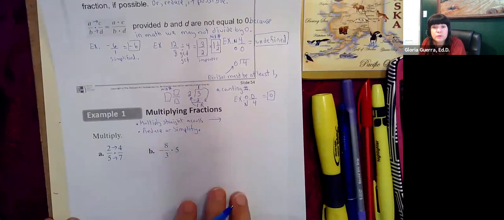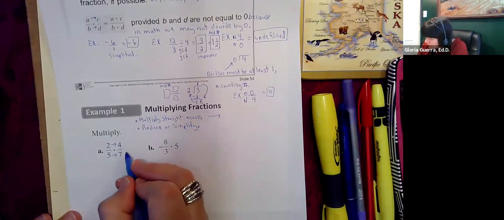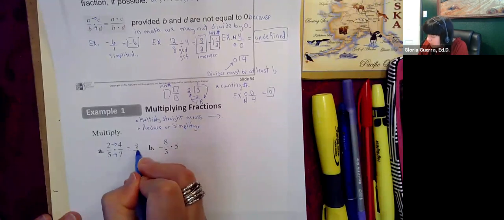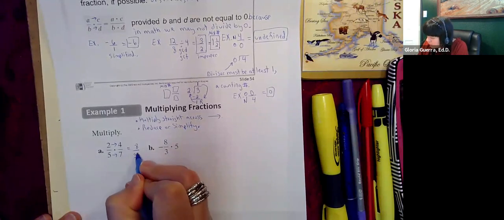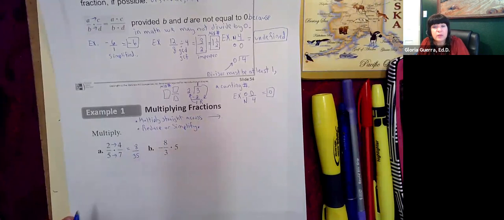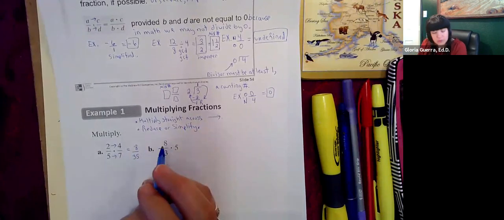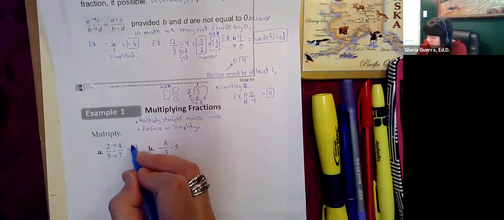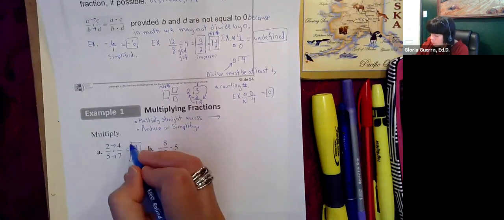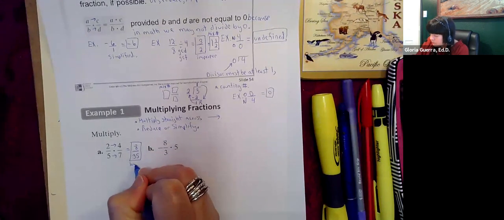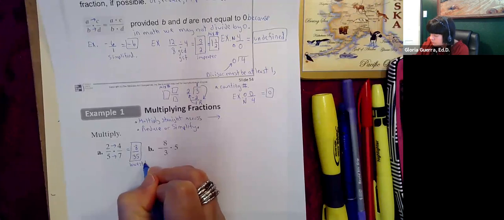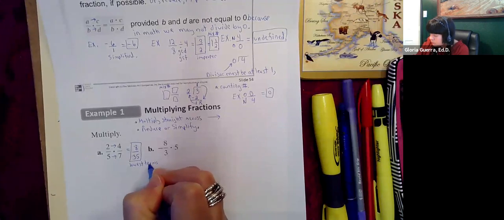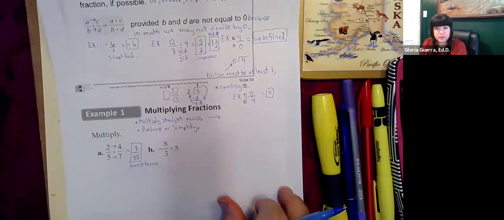Okay, so 2 times 4 is 8, and 5 times 7 is 35. And I don't think that can be reduced anywhere. I believe that's lowest terms already. There's not a greatest common factor except 1.